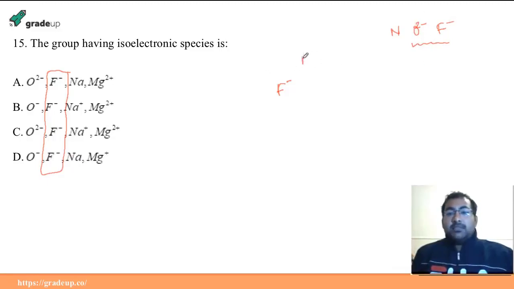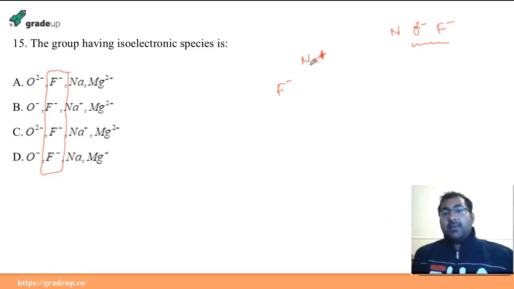And sodium is present in the subsequent row, so Na should have a positive charge in order to have the same electronic configuration as F negative.